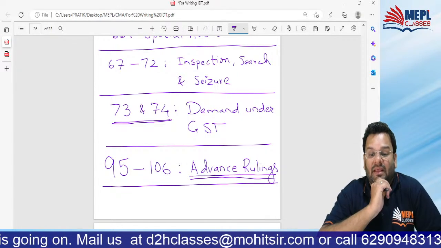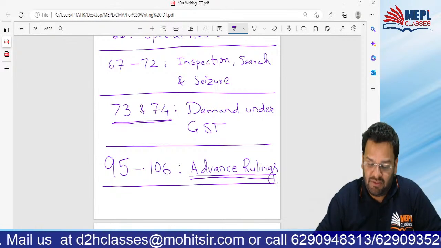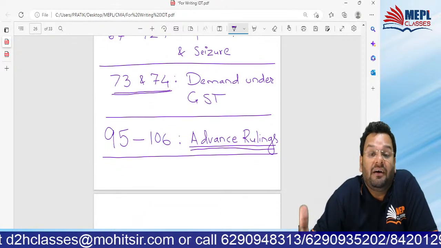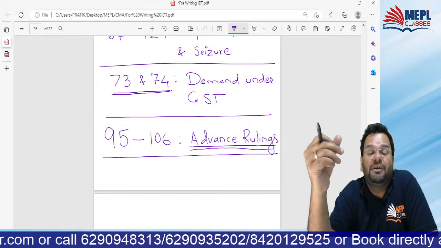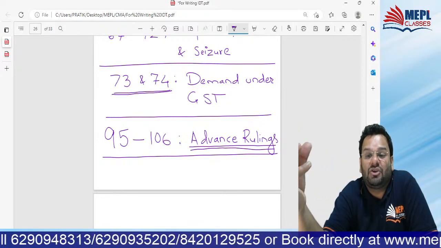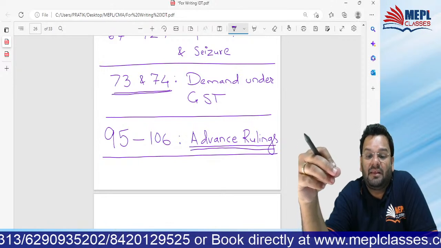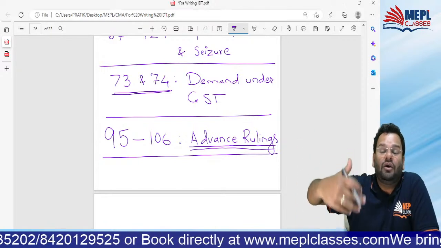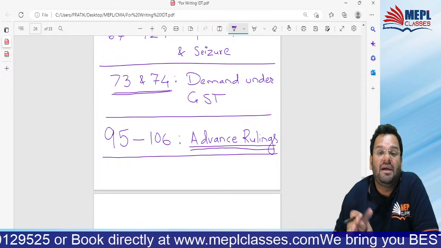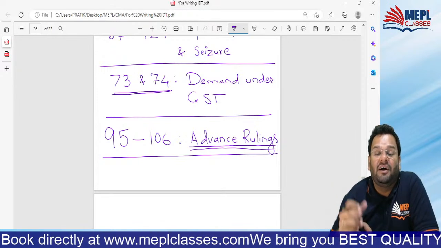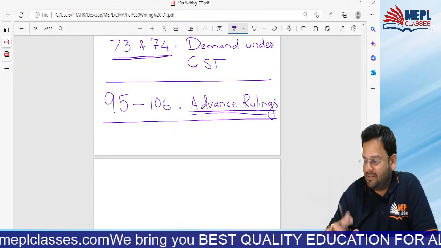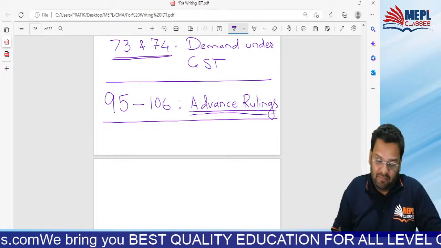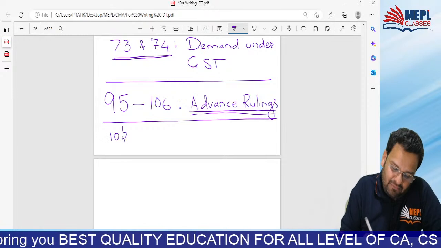Advance ruling means if a person, a supplier, is confused about the applicability of a few aspects of GST on him, then he may go to the advance ruling authority and ask for a decision in advance so that he can apply it in his case.